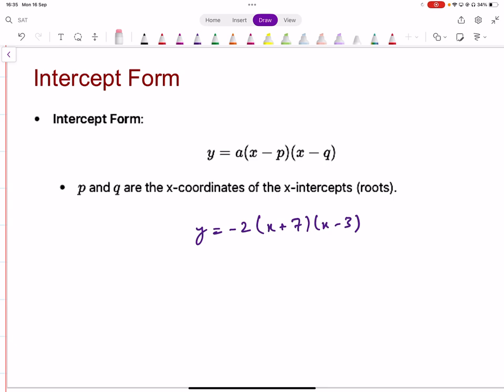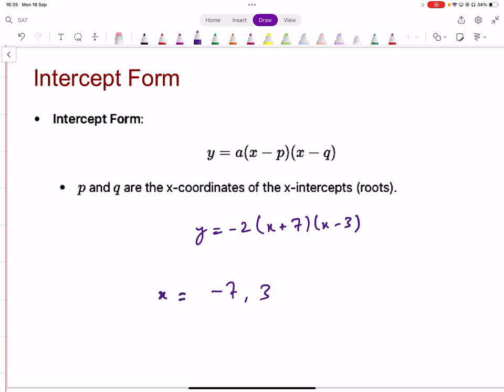Now, if they ask you for the x-intercepts of this function, what are they going to be? X-intercepts of this function? -7 and 3.